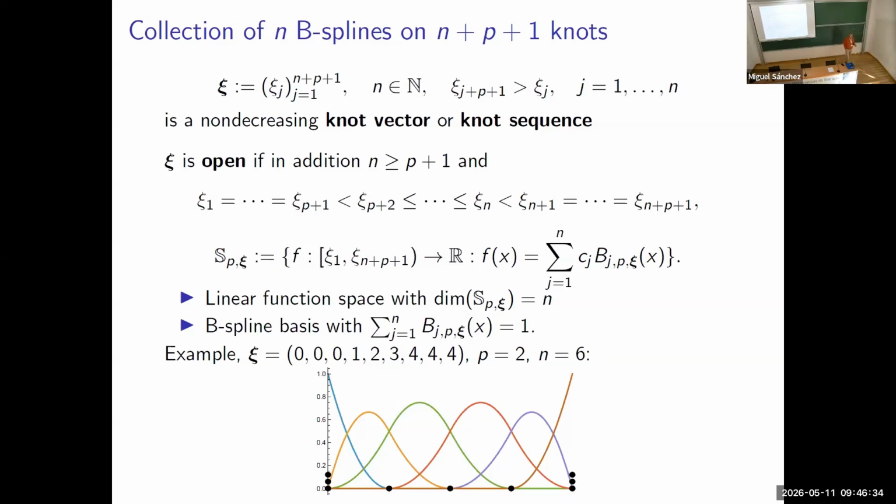You don't count the last p plus 1 knots when you count the dimension. Here's how they look. The first one, which has knots 0, 0, 0, and 1, will look like that. It is discontinuous at 0. Then you have the four interior B-splines here and the last one up there. This is typically a collection of B-splines. In this case there are simple knots in the interior.